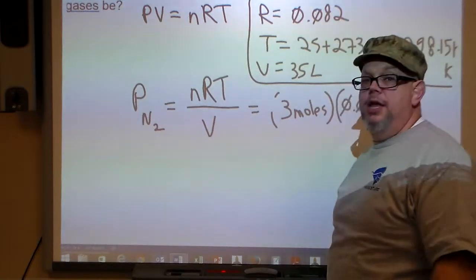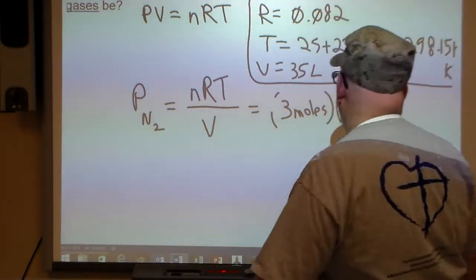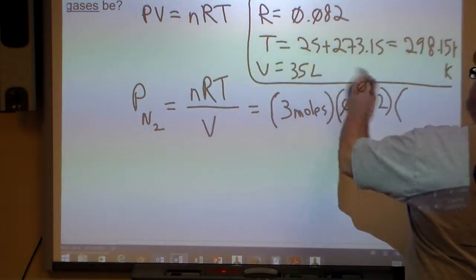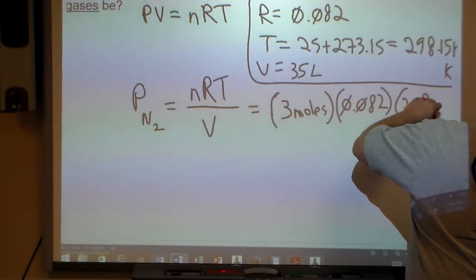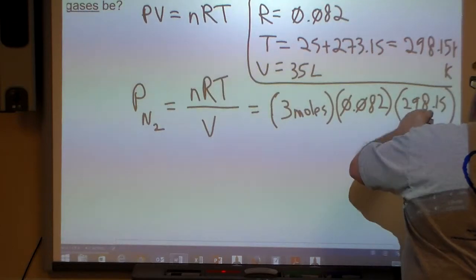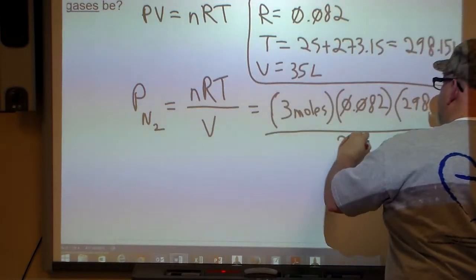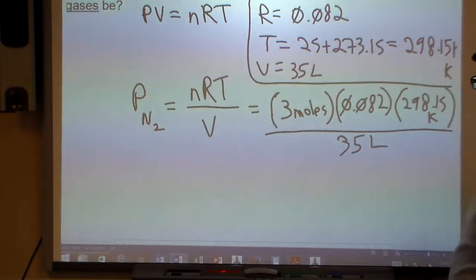You'll get an answer, it just won't be an accurate one. So we've got 3 moles times 0.082 times the temperature, which was 298.15 Kelvin, and we're going to divide that by the big whopping 35 liters of the gases.